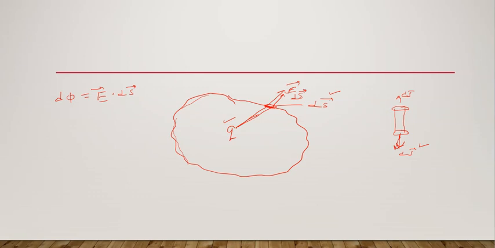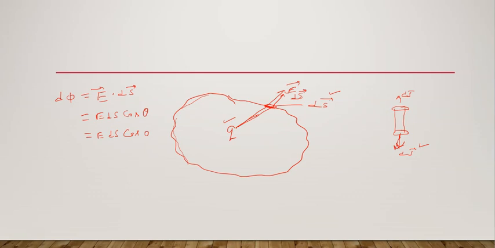I have already discussed electric flux in my previous video lectures. Now, what is the angle between E and ds here? It is 0 degree. So E dot ds by vector law is E ds cos theta, here E ds cos of 0 degree, because both are in the same direction.